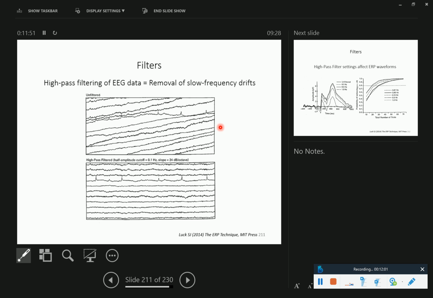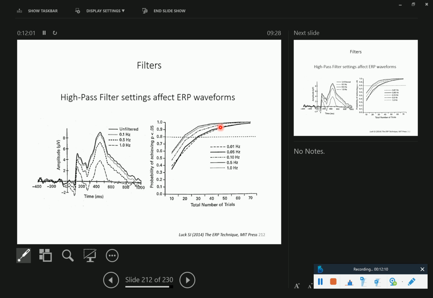But of course, this has an effect, and this is what we also discussed previously. This has an effect on the ERPs that you will get. So this is an example from the Luck book where you see in the time domain an unfiltered ERP in black, the non-dashed line, and then cutoffs of varying frequencies for a high pass filter.